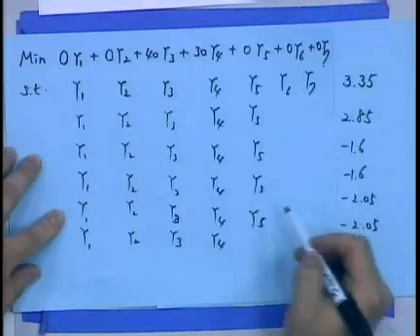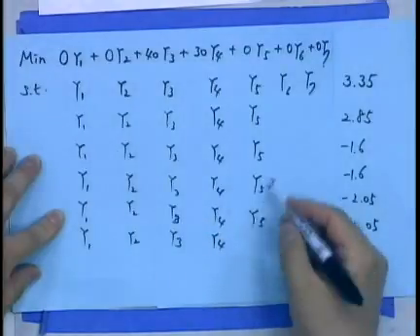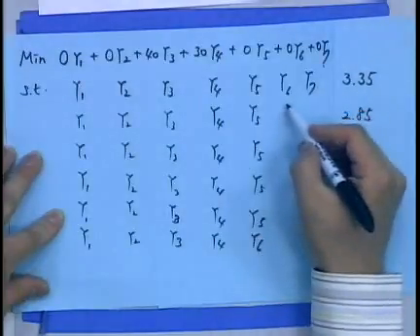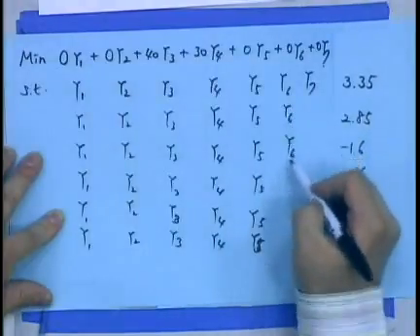Since we have 6 constraints, let me just copy the dual variables for each constraint.